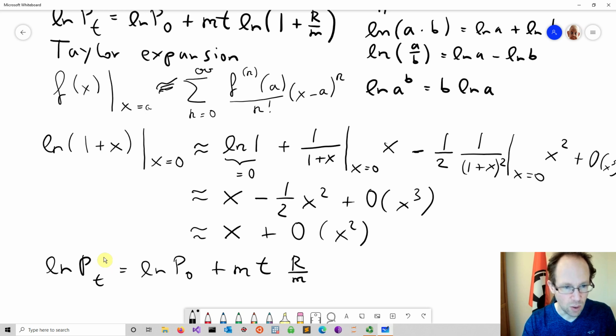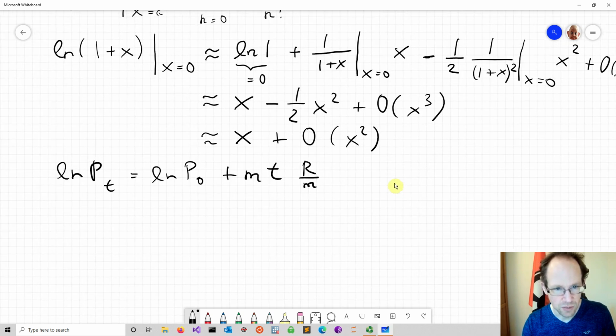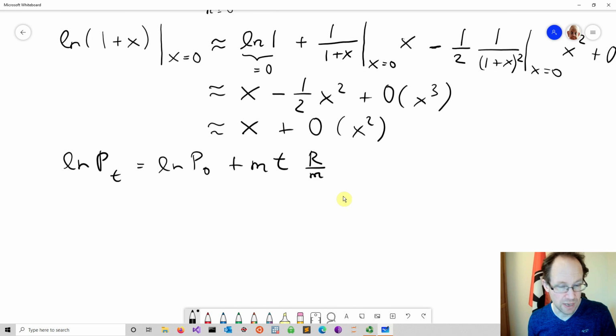Obviously this is quite a significant simplification, and you see immediately that the m would cancel. So in the limit where m is really, really large, this approximation we just did is absolutely valid.